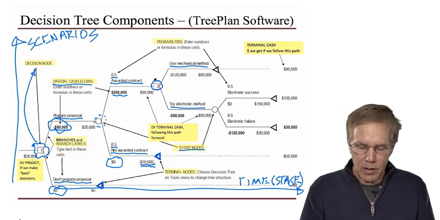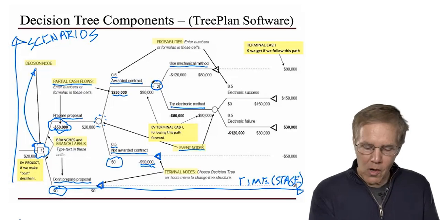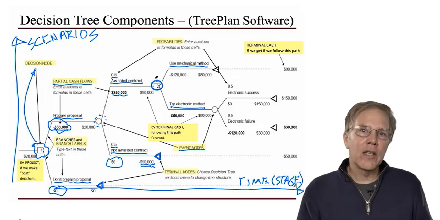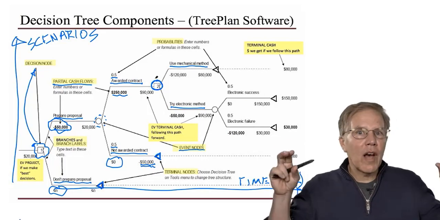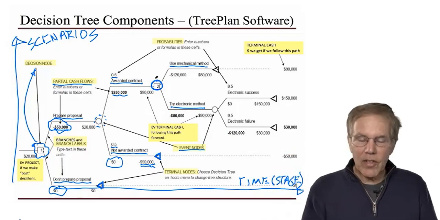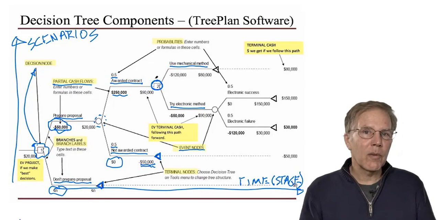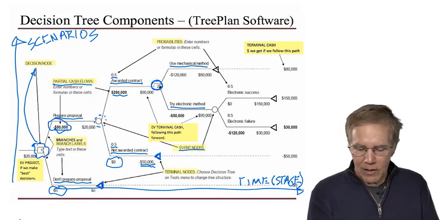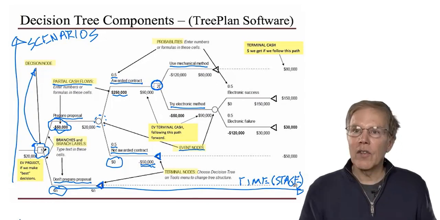And one thing I'd like to point out now, which applies to all decisions, is that when we've got all the information we need into the tree, the software solves it for us, and it tells us what it believes is the best path for us to take through the tree. And it does that with the numbers here in the boxes.